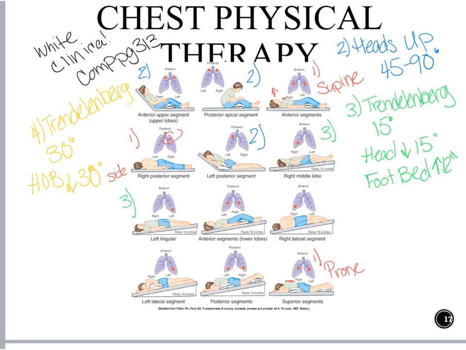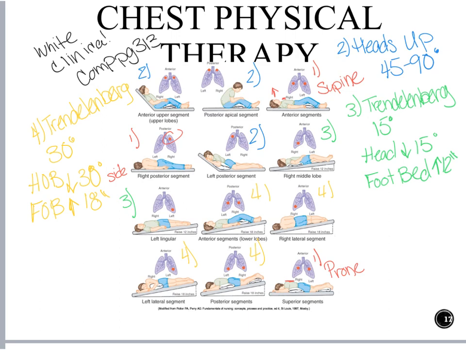And the foot of the bed is up 18 inches. So that would be this one, this one, this one, and this one. Okay, so it's going to drain the lower lobes, the basal segments. It can be difficult for patients that are dyspneic to handle.